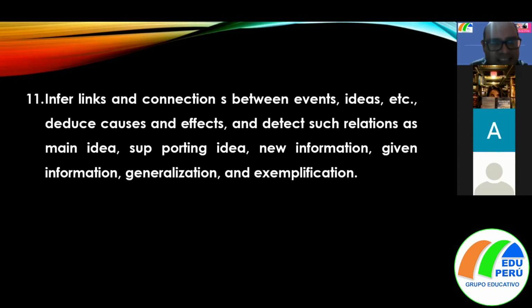They need to detect the main idea, the supporting idea, which information is new, which information is given. If it is in a general way, if you can give some examples, exemplification. So notice here all that the reader must have when they are going to comprehend, when they are going to read a text.